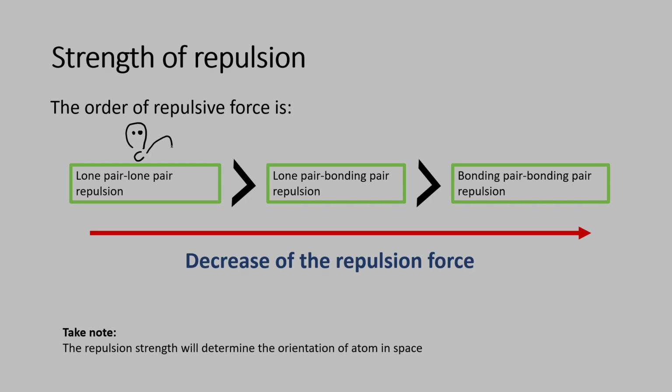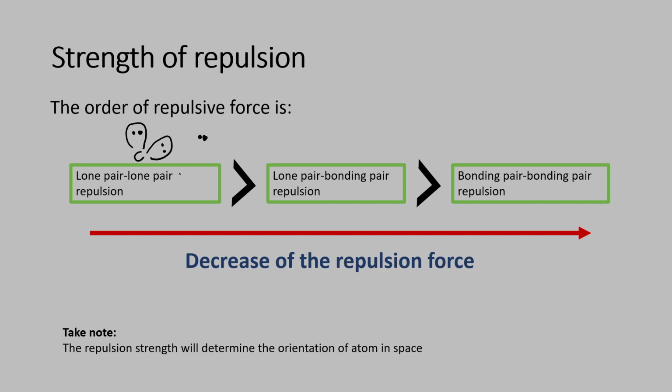As long as dia bentuk bujur dan ada dua titik representing the electron pairs, the lone pairs. Kan lone pair bukannya ada satu je, dia pun dah cakap pair, so pair ada dua.